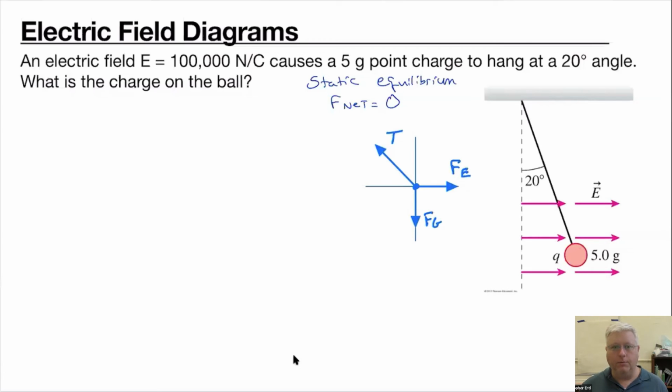Okay, so those are all the forces that are happening here. And we're in equilibrium, so everything has to balance out, right? Gravity is pointing perfectly downward along the y-axis. The electric force is pointing perfectly horizontally along the x-axis. So the only thing that's not perfectly in one dimension is the tension. Let's see. I'll draw a little dotted line here. This is 20 degrees. We know that, right?